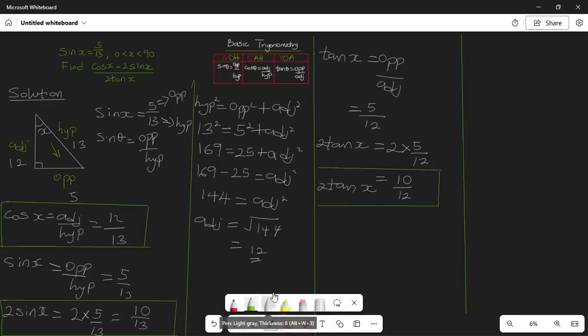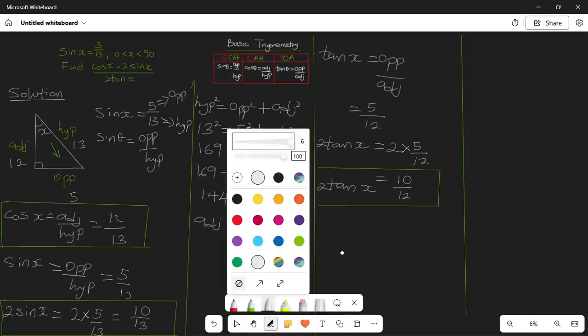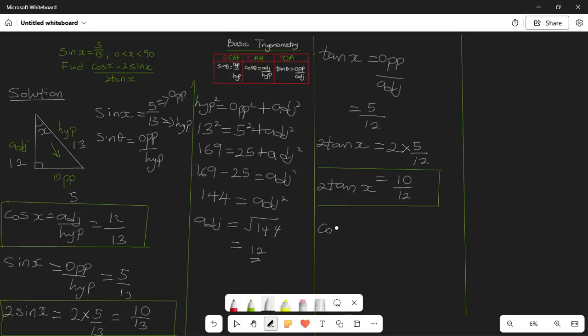So finally, we have to substitute all this into the question. The question is cos x minus 2 sine x all over 2 tan x. Cos x is equal to 12 over 13, so we have 12 over 13 minus 2 sine x. 2 sine x equals 10 over 13.